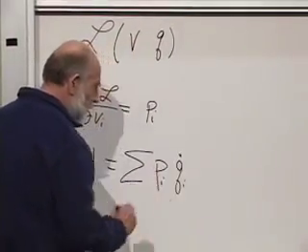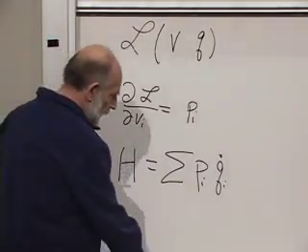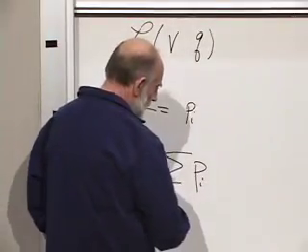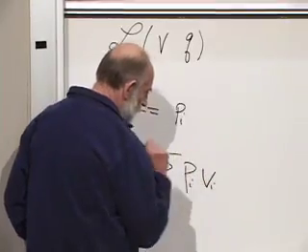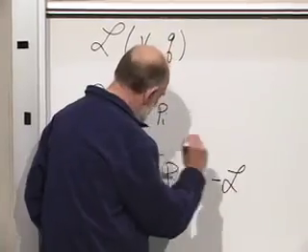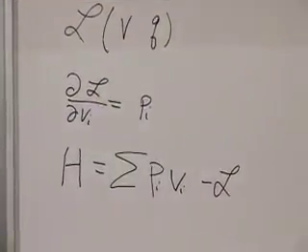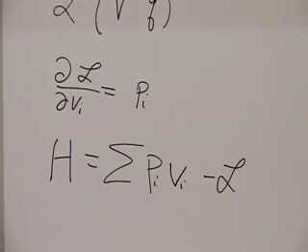That's the language that we've done previously. But Q sub I dot is nothing but V sub I. So let's put V sub I. Minus the Lagrangian. That's precisely the same definition that we had for the Hamiltonian, I think, in the last two lectures. So we see the pattern shaping up.